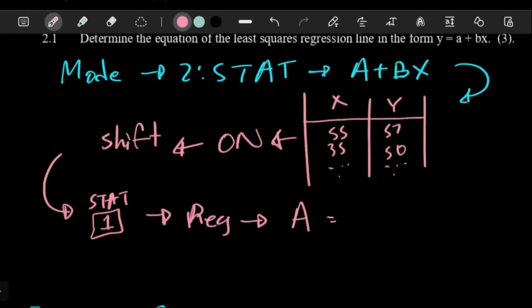If you choose A in your calculator, the answer that you're getting there is 12.01. If you repeat the whole process, you're getting there B is equal to 0.88.